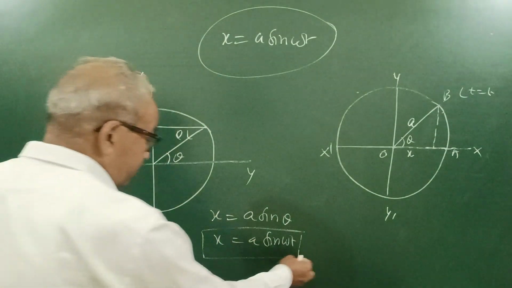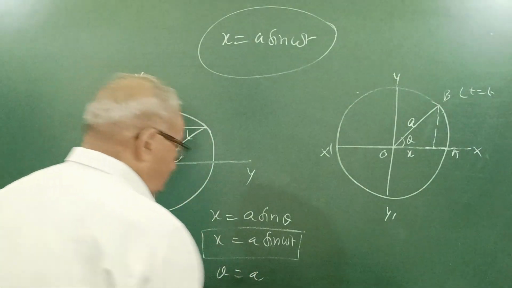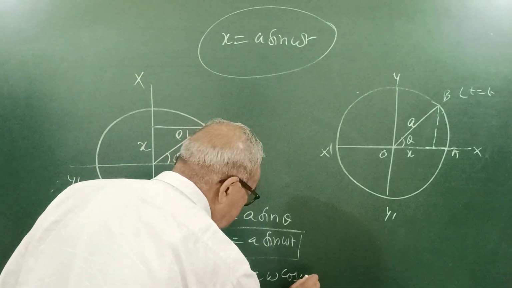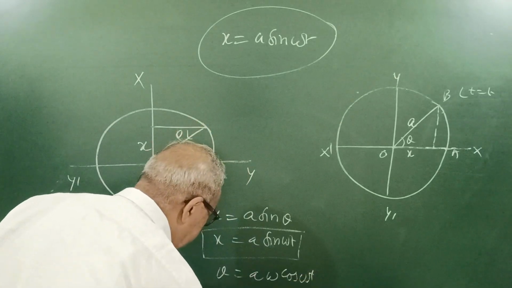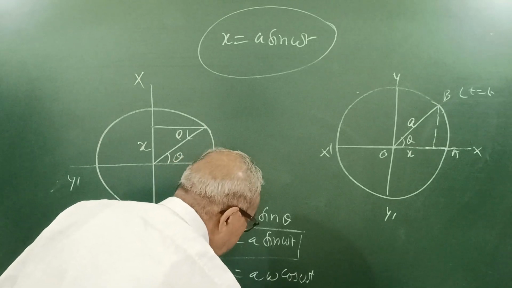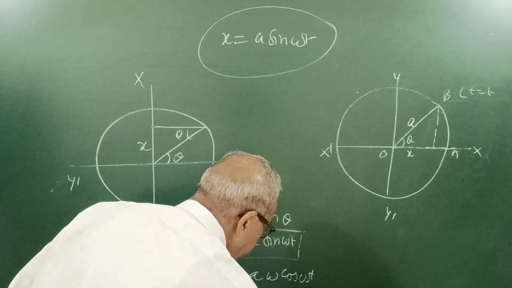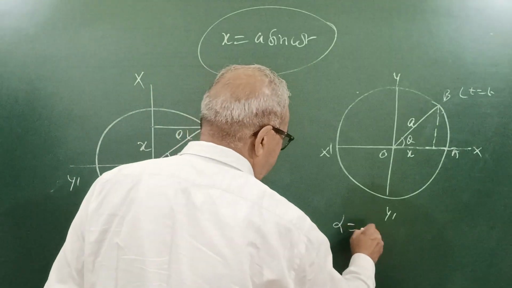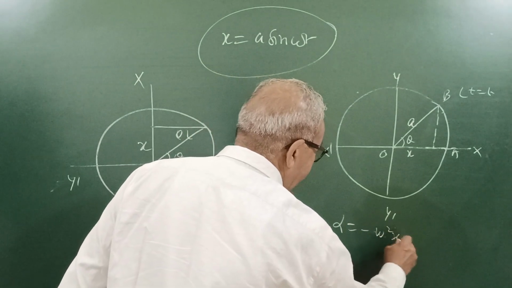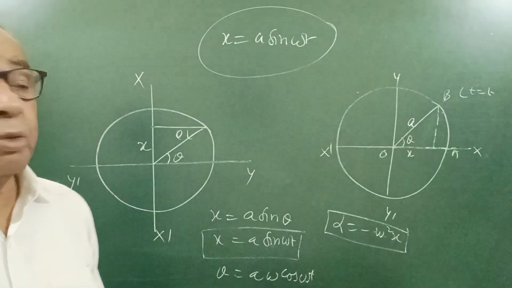Then we will get v equal to a omega cos omega t and acceleration alpha equal to minus a omega square sin omega t, or alpha equal to minus omega square x. So while doing a problem, if you get x instead of y, please don't get disturbed. I have told you this thing like this.